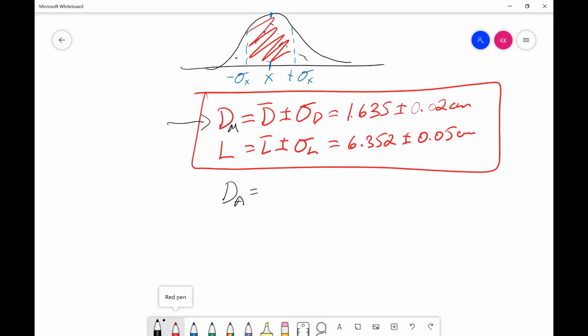But even the manufacturer, when they measure, would still give me an uncertainty, and let's say this is the accepted average, right? And the uncertainty for that. So again, this is the measured, and now this is the accepted or theoretical value for the diameter.